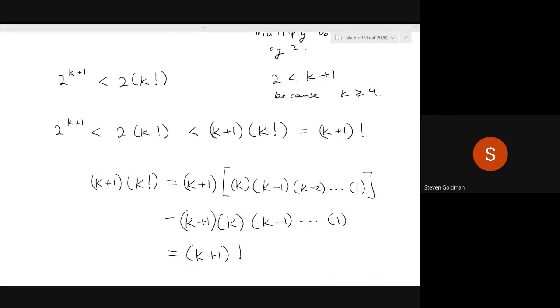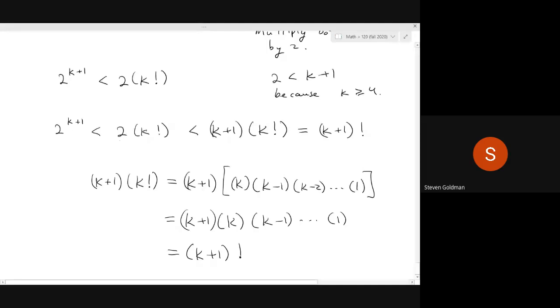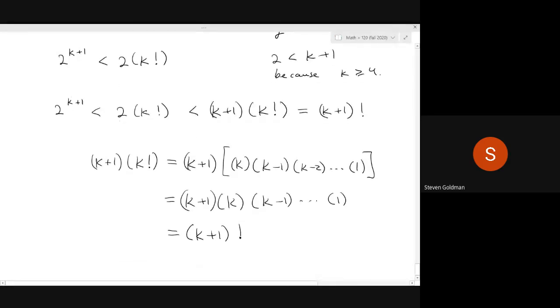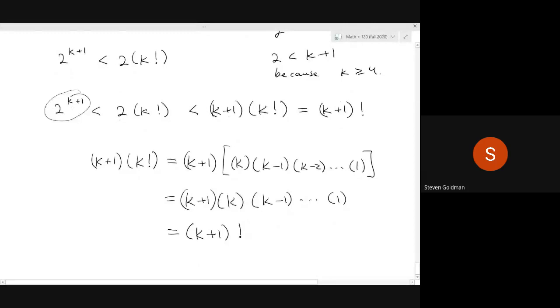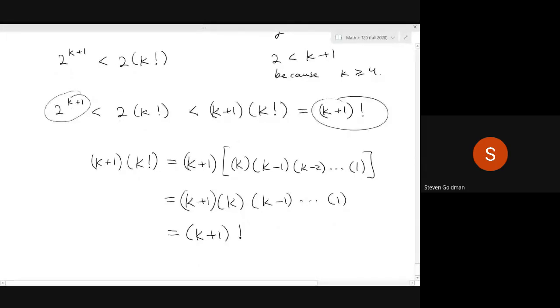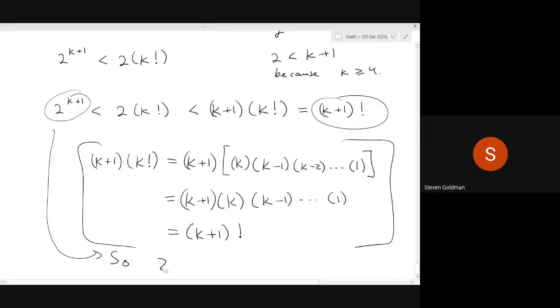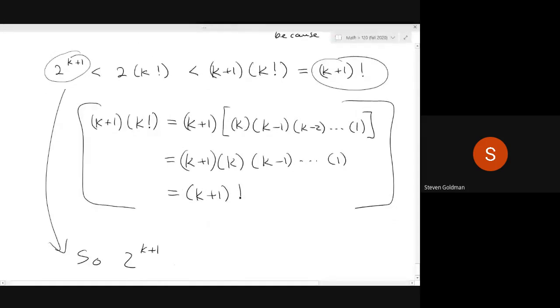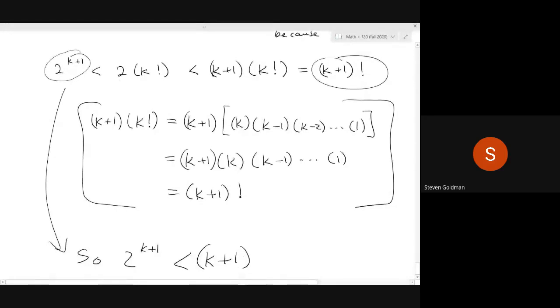Okay, great. So what have we just shown? We've just shown that 2 to the power of k plus 1 is less than k plus 1 factorial.